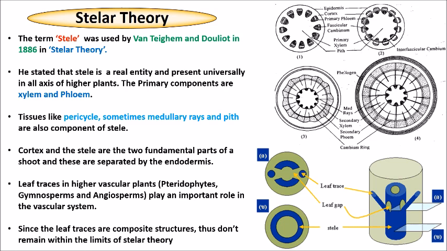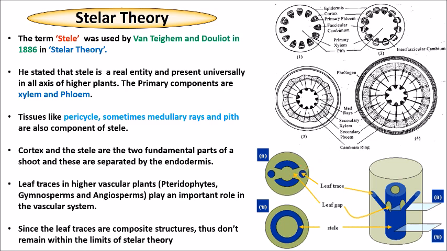Leaf traces in higher vascular plants like pteridophytes, gymnosperms and angiosperms play an important role in the vascular system. So how can we find the leaf trace and leaf gap from a TS?